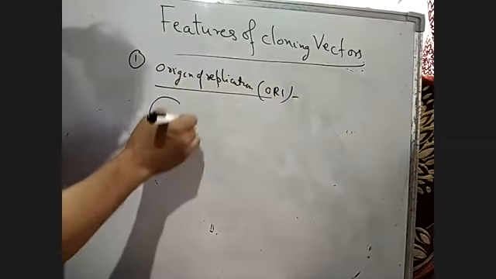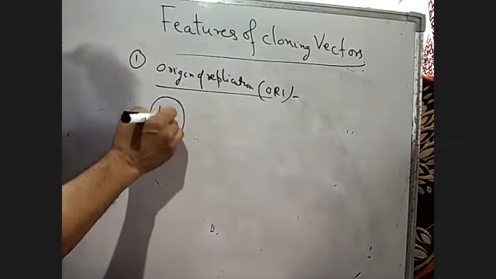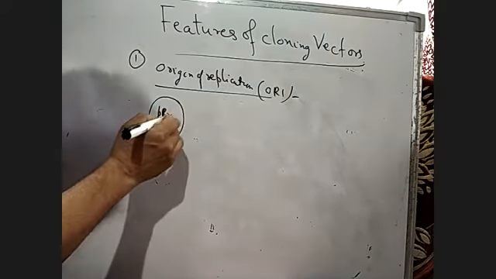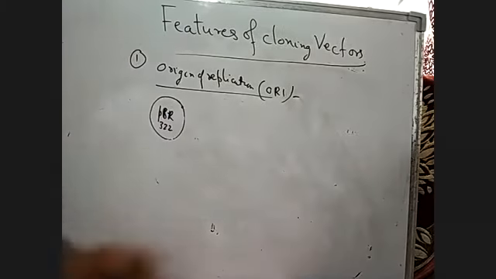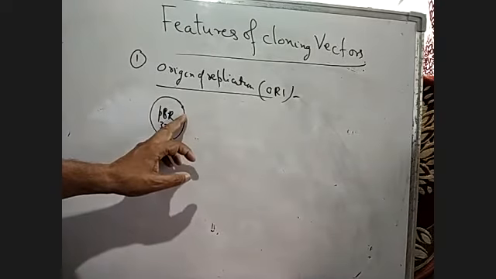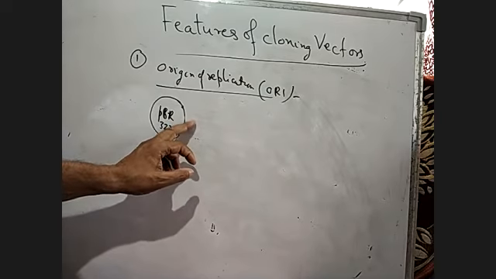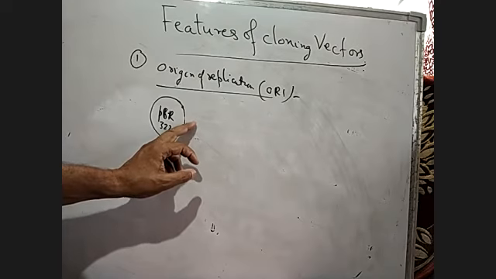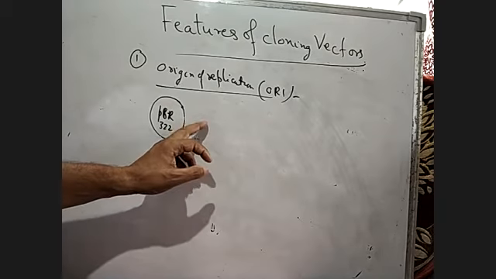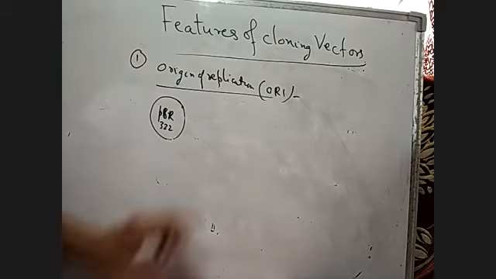Suppose we have a plasmid cloning vector, pBR322. There is a place where replication starts, and this is called the ORI, or origin of replication. Any piece of DNA linked to this sequence can be made to replicate within the host cell.